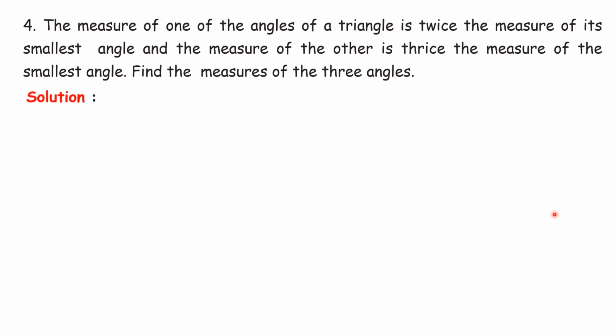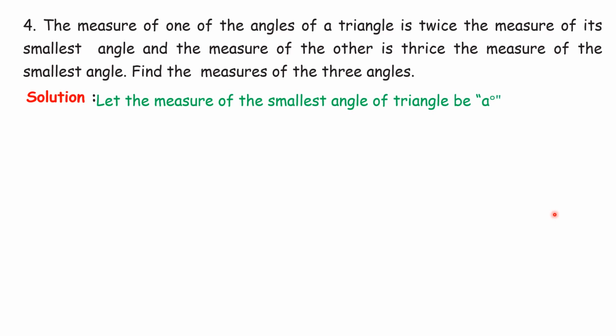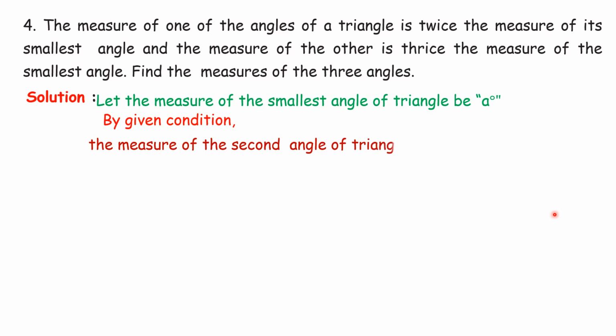So write down the solution. Let the measure of the smallest angle of the triangle be A degrees. By the given condition, the measure of the second angle of the triangle is 2A degrees.